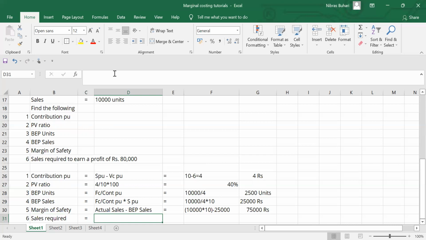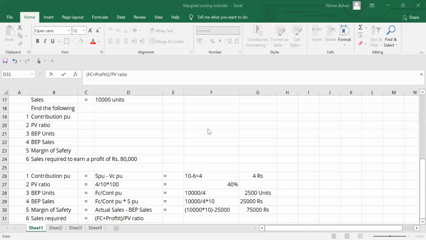The sixth and last question in this topic is: what will be the sales to earn a profit of 80,000? When you need to find the sales for a profit, please take the fixed cost, add the profit which is given in the question, and divide that by PV ratio. When you divide fixed cost plus profit by PV ratio, you will get the sales in rupees.